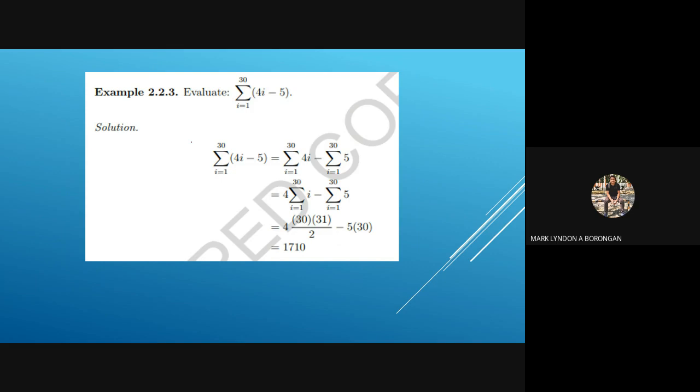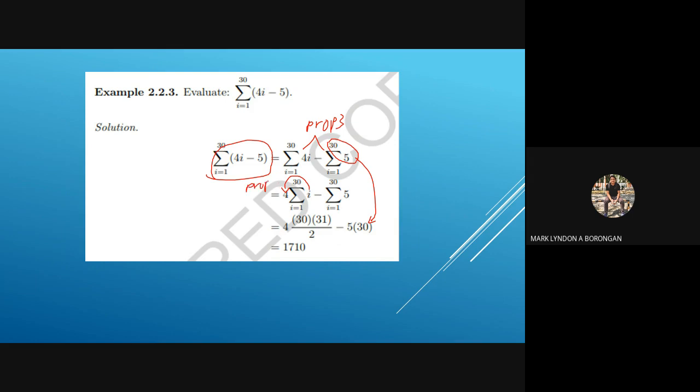From here, you use property 3, which separates them. When separated into 2 terms, you already know the answer for the constant, which is 150. Now your problem is the other term. Since 4i has a constant, you isolate it using property 2.